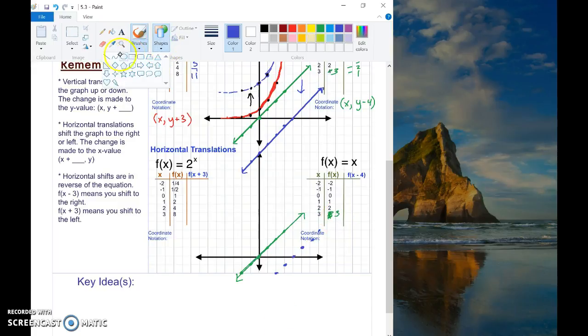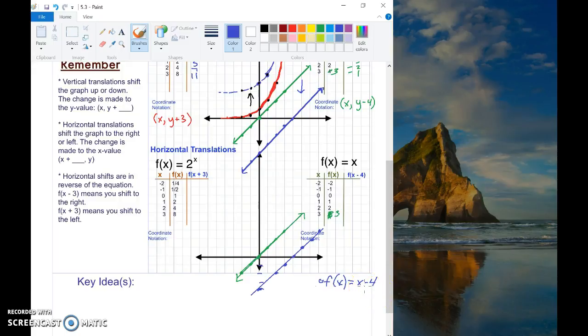I'm going to quickly draw this line. Something like that. And I want you to notice what the equation of this line is. f of x equals, still the slope is x, but now I have a negative y-intercept.